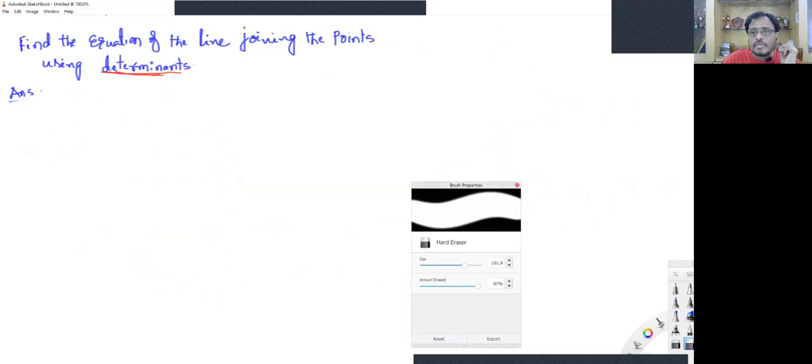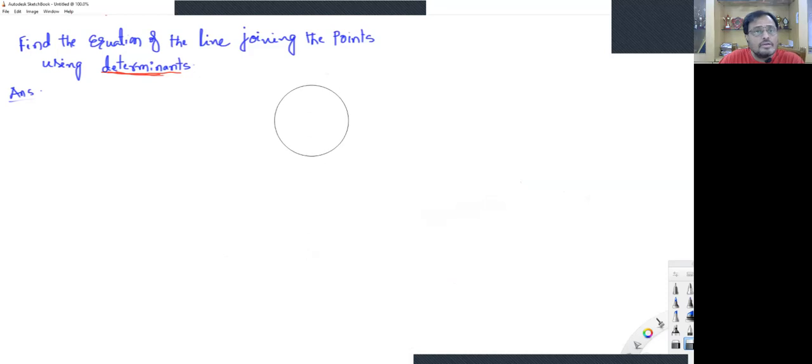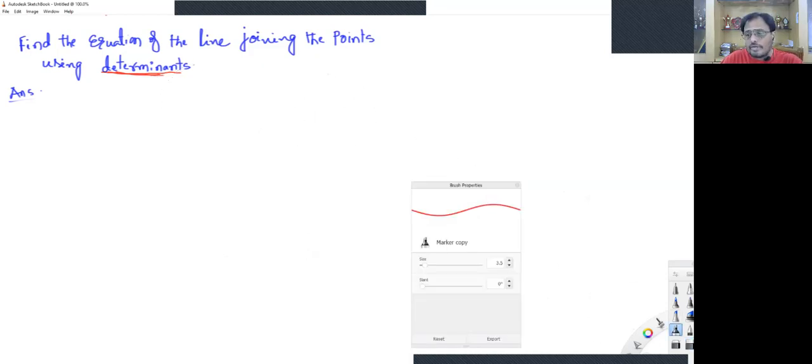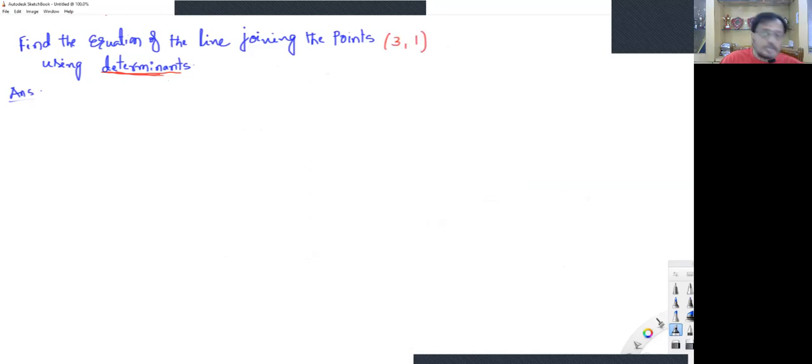My dear students, look at this. Find the equation of the line joining the points 3 comma 1, the first point, and 9 comma 3.